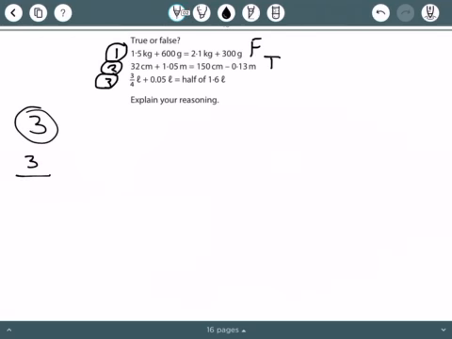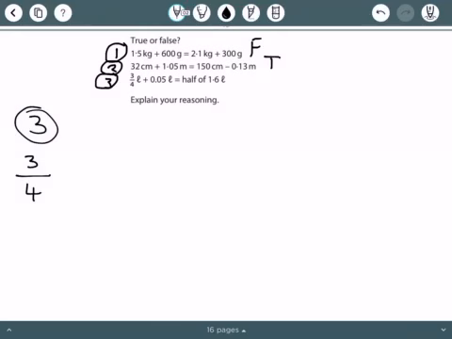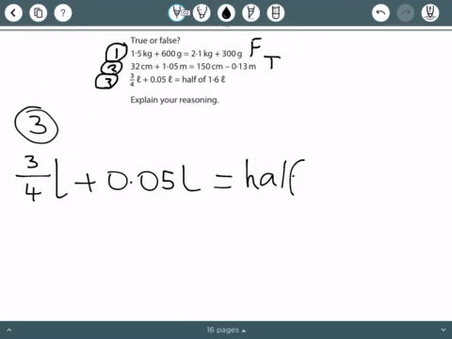3/4, bit of fraction in here. 3/4 of a litre added to 0.05, so 5/100ths of a litre is equal to half of 1.6 litres. Okay, bit of fraction in here. Let's do the first one. 3/4 of a litre.